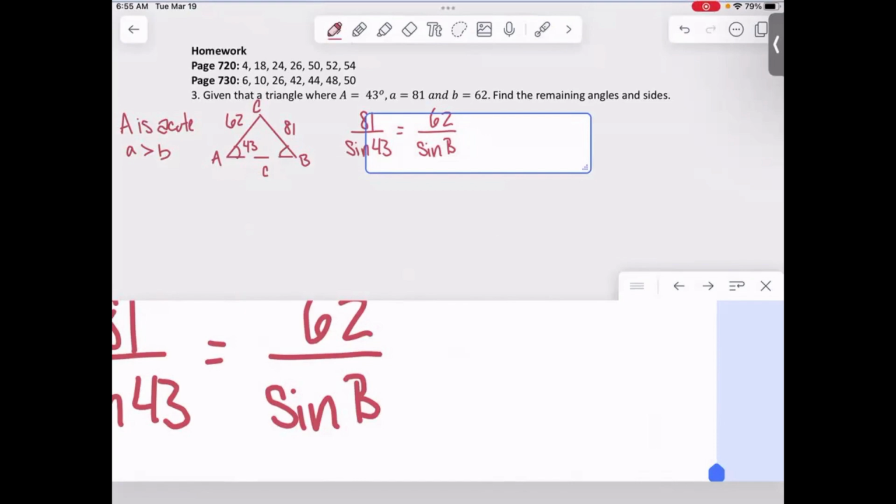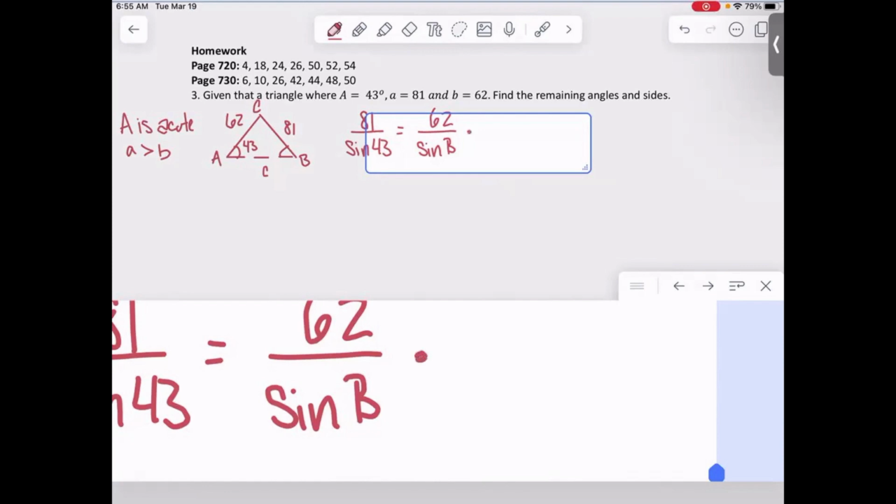Obviously I can't make you. So we're trying to find side B. This one is actually a little bit more difficult, because finding angle B, we just had to multiply by the sine of B and then we would have it. Finding angle B is a little harder. First off, that sine B is in the denominator.